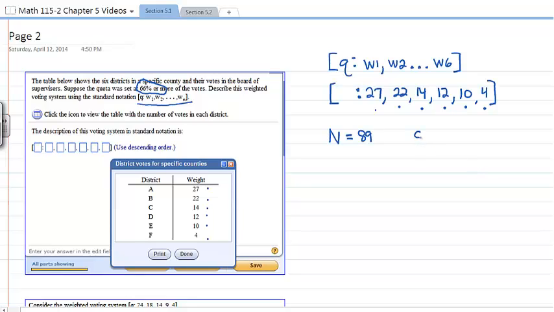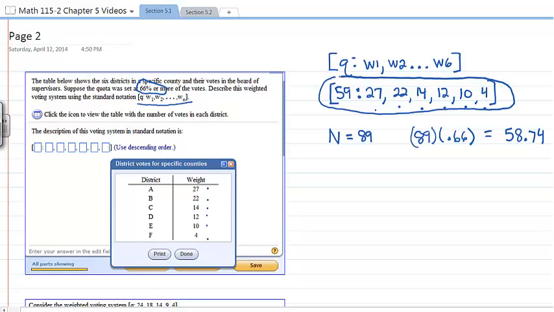Well, 89 times 0.66 equals 58.74. Now, we're talking about votes, so the quota is always a whole number. In this case, the next whole number up from 58.74 is 59, and this is our answer to this question.